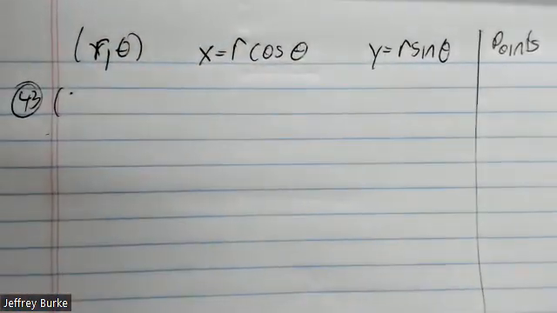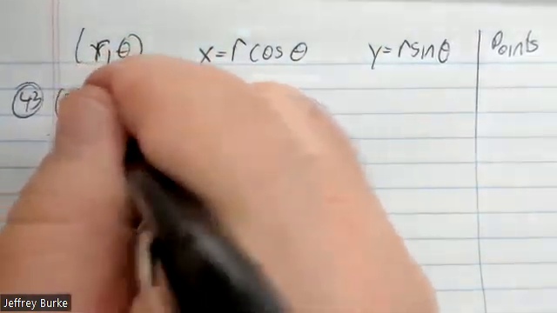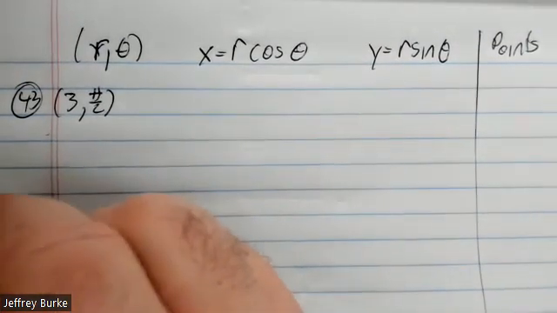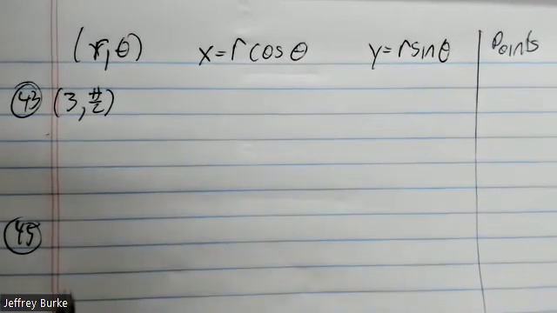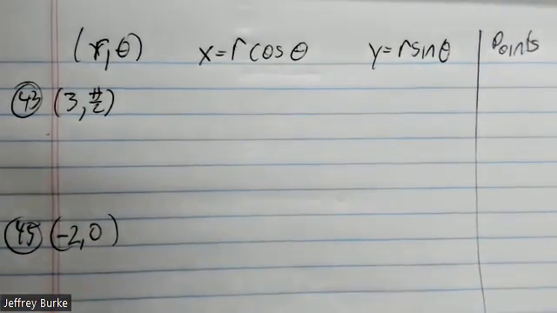hold on. 3 pi over 2. 45. 1, 2, yeah. -2, 0. 47.